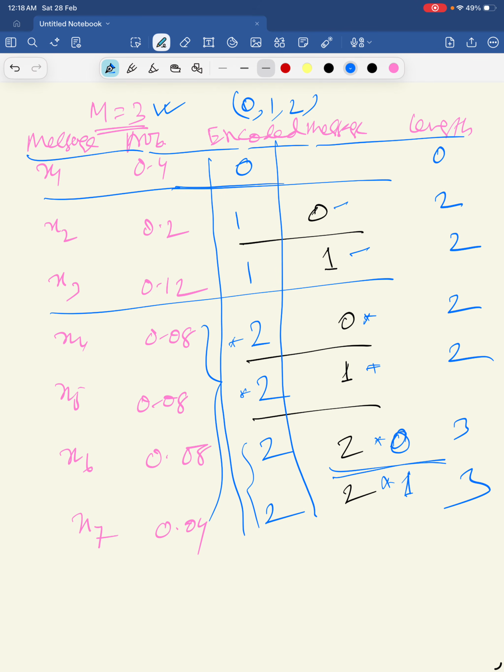Okay, so we got the length Li, this is the probability Pi. So again we will calculate L bar. So L bar, what is the formula? As I mentioned, summation over i equal to 1 to 7 Pi Ni.